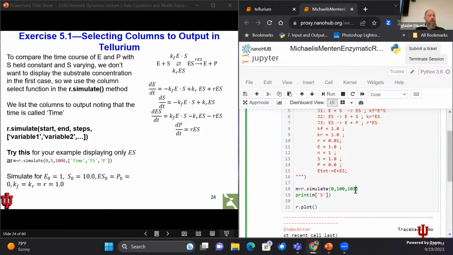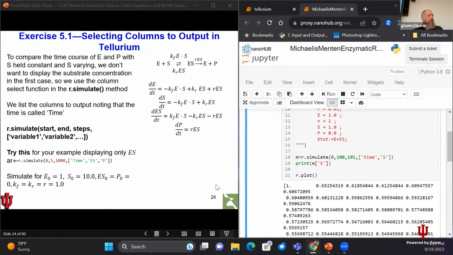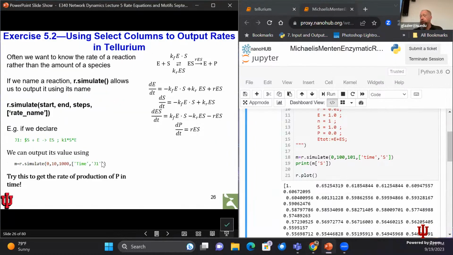No. Okay, so if I'm going to ask for the column, I think I have to tell it that I want the column. Yeah. So if I want to use that column indexing on the output, I have to declare it in the simulate. Did that work for people? Were people able to print the array?